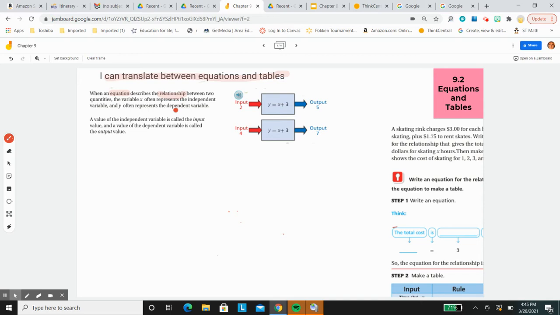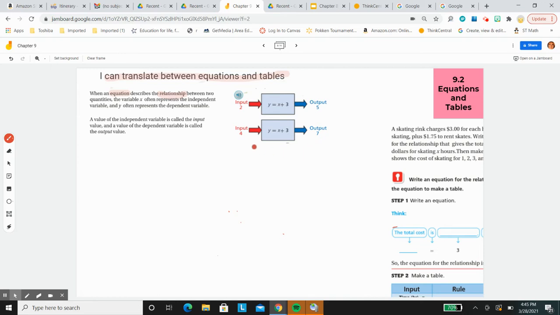Today, we're going to use x and y. X is going to be my independent, Y is going to be my dependent. A value of the independent variable is called the input. See the word in? In. Get the independent variable? Input. That should help you remember. And the value of the dependent variable is called the output.